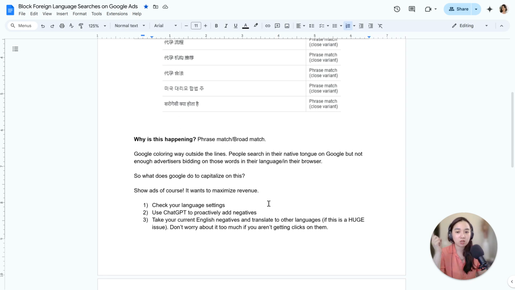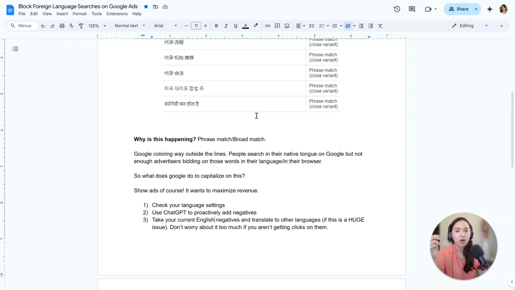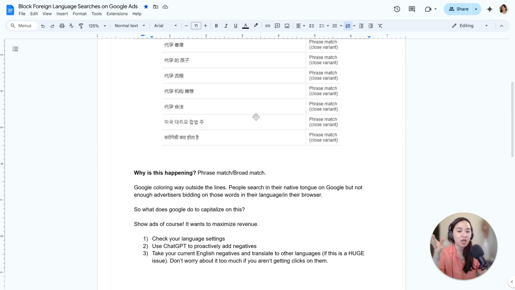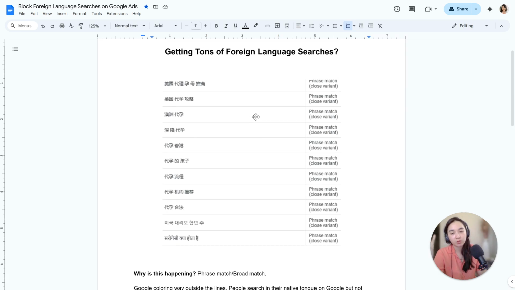Check your language settings, use ChatGPT to proactively add negatives, add whatever you're seeing already as negatives, and then also use your English negatives list that you currently have and translate them to other foreign languages. It's overkill if you do everything, but it could help, so why not if that's really a huge issue.